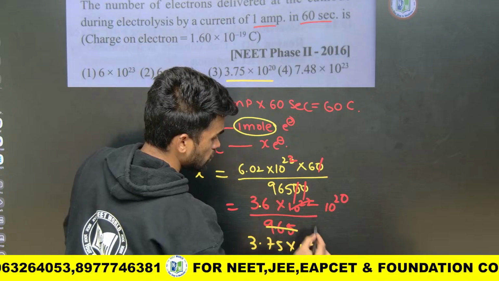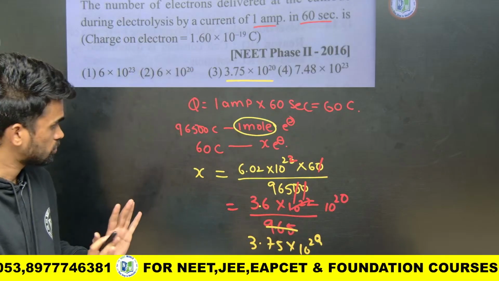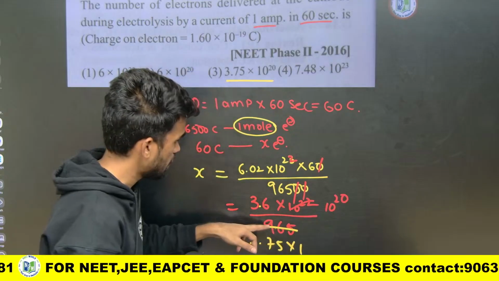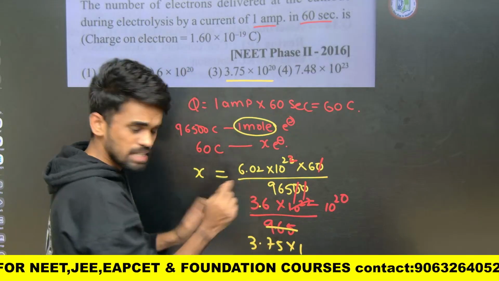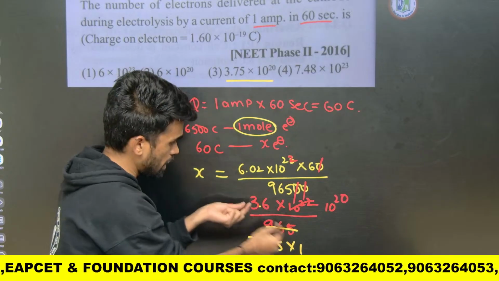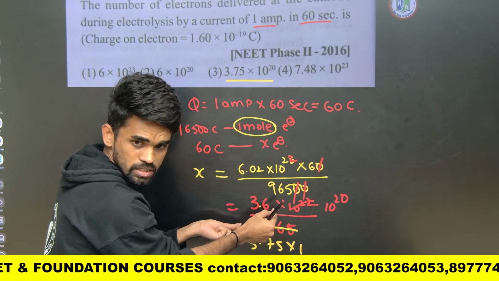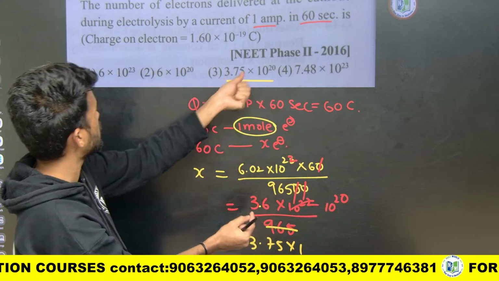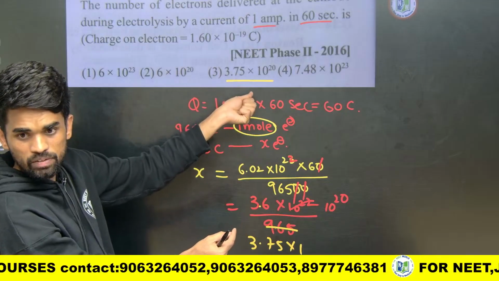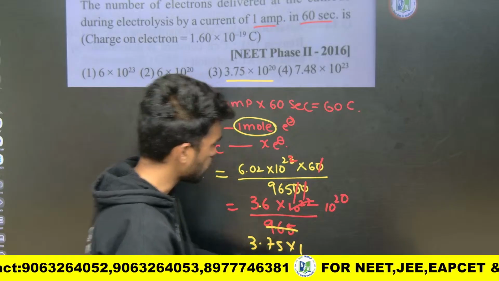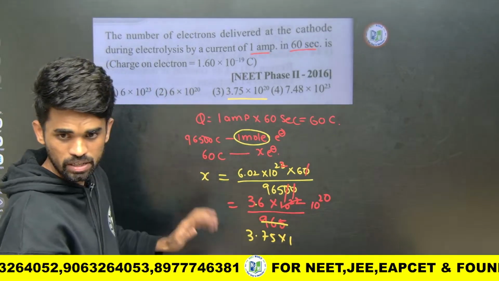Cancelling and all takes time, so I am approximating 965 to 10, so that I can write 36 as 3.6. So 3.6 into 10 power 20. This is the nearest approximate answer, the only one we have. So you can go with option number 3. This is how you can save your time without simplifying fully.